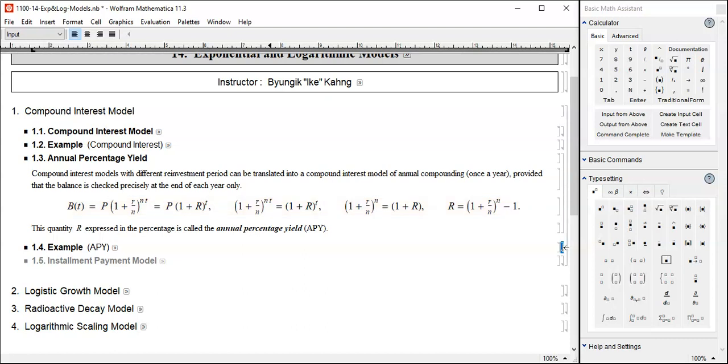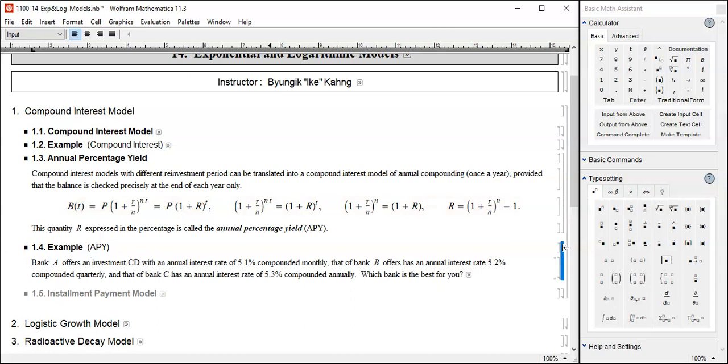Want to see an example? Okay, here. Bank A offers an investment CD with an annual interest rate of 5.1% compounded monthly. Bank B offers an annual interest rate of 5.2% compounded quarterly. And Bank C offers an investment CD with an interest rate of 5.3%, but compounded only once a year, annually.